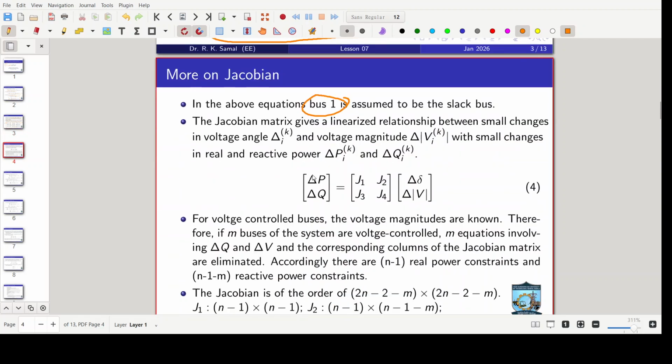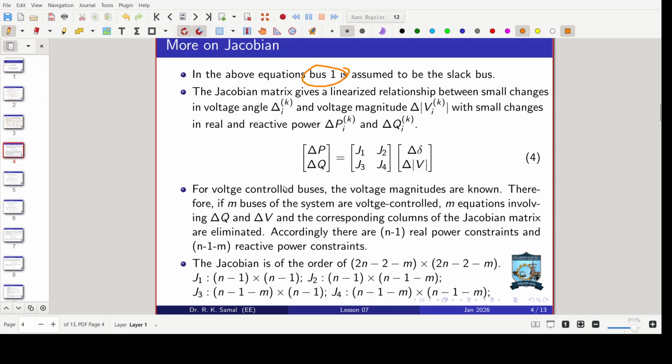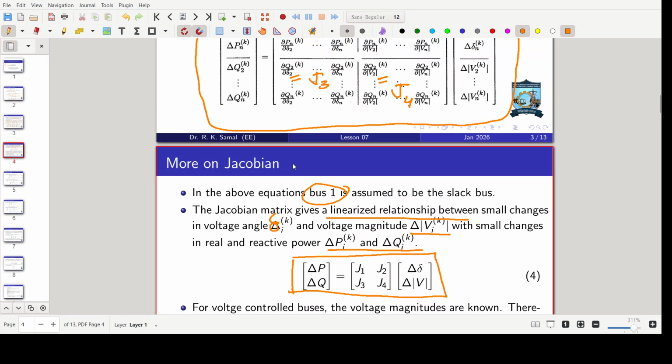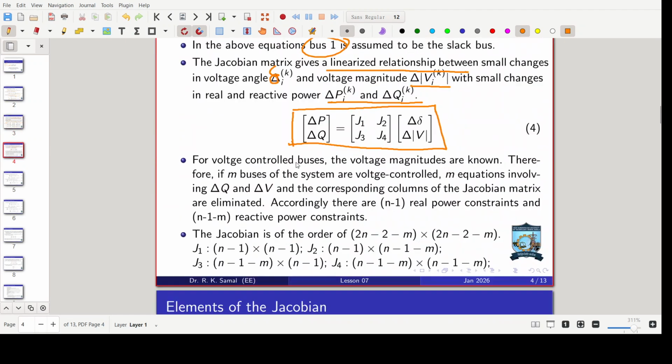The Jacobian matrix gives a linearized relationship between small changes in the voltage angle, small delta, and the voltage magnitude with small changes in the real and reactive power. So this is a more compact version: J1, J2, J3 and J4 into these angles.